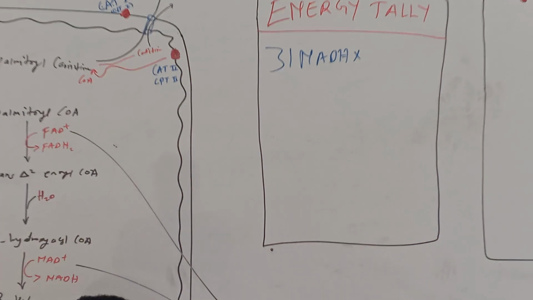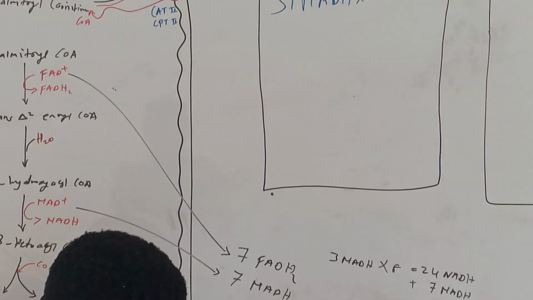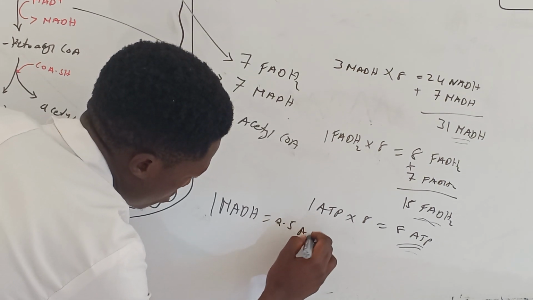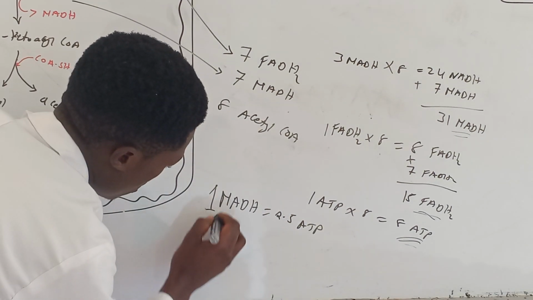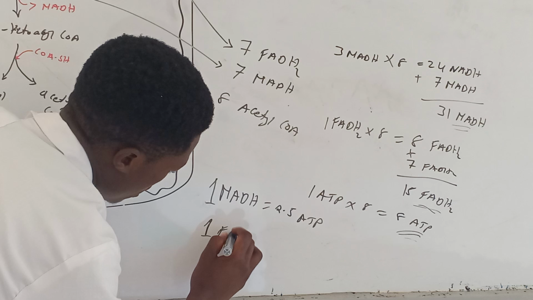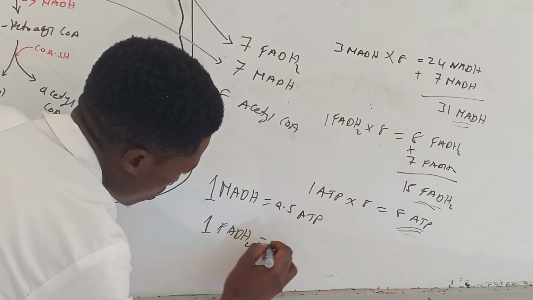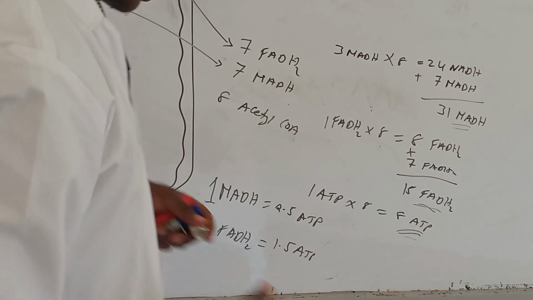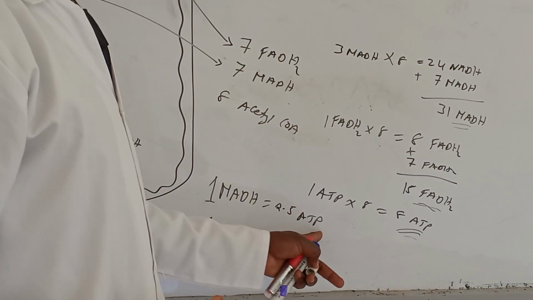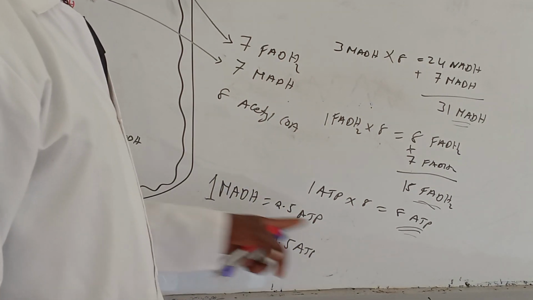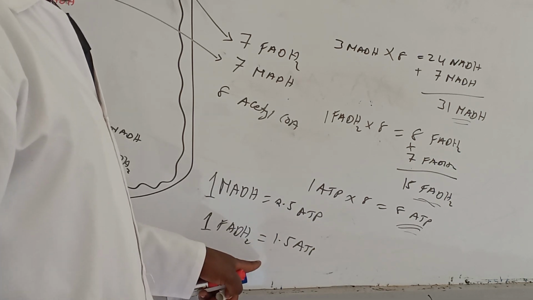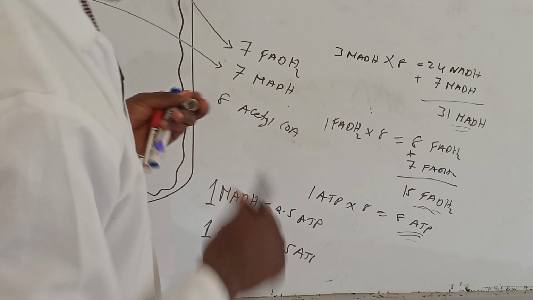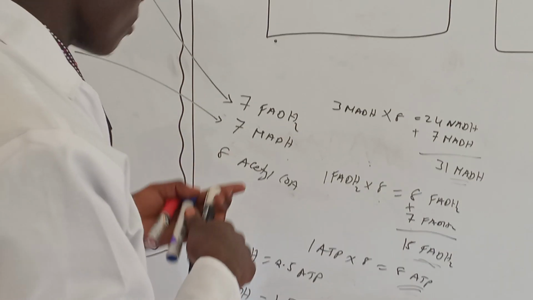Let me just show you. 1 NADH equals 2.5 ATP, while 1 FADH2 is equal to 1.5 ATP. Don't be surprised to see other books or other professors telling you that it should be 3 ATP. Sometimes they use 3 ATP for 1 NADH and also 2 ATP for FADH2, but the standard way is this one. You can use either of them, but it's okay.